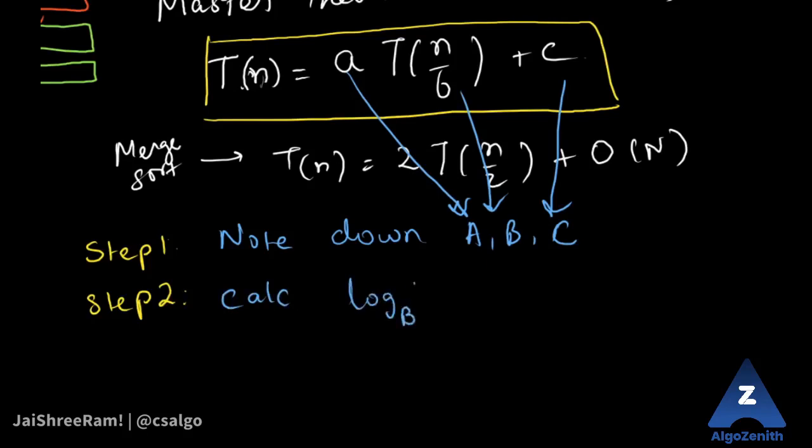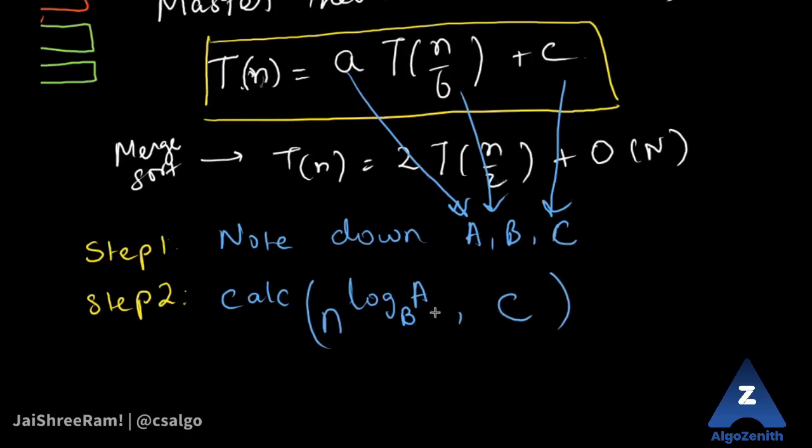Then you calculate log base B of A, and write n to the power of this, along with C. Calculate these two. C is already present to you. In this case C is order n, B is 2 and A is 2.